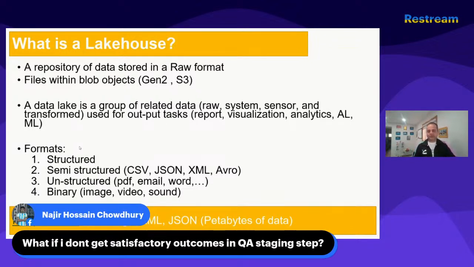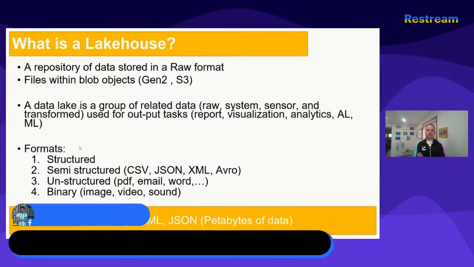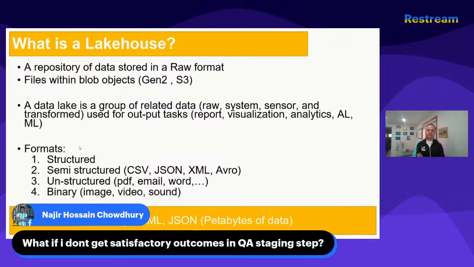What if I don't get a satisfactory outcome in the QA staging step? Okay, so basically, if you don't get a satisfactory outcome in quality assurance staging, then you could transform that data again into QA and save it into the test environment, which is called silver in this case, if we talk about the nomenclature of Delta Lake, and save it again into another Parquet file.